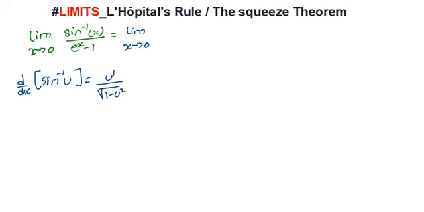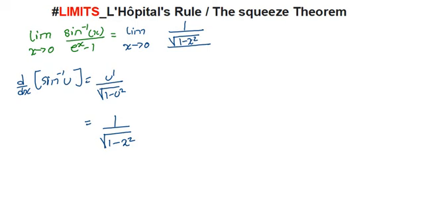So now, in this case, my u is x, meaning the derivative of x is 1, then square root of 1 minus x squared. So the derivative of the numerator is going to be 1 over root 1 minus x squared, divided by what we get when we differentiate the denominator.